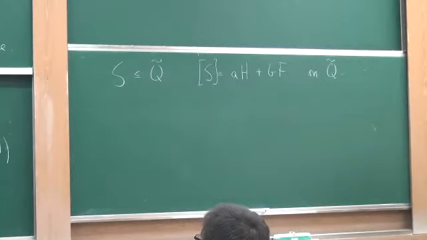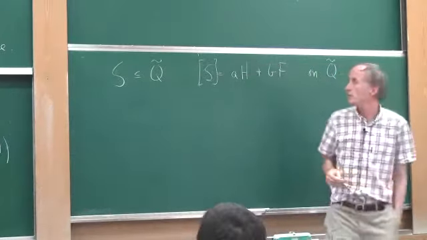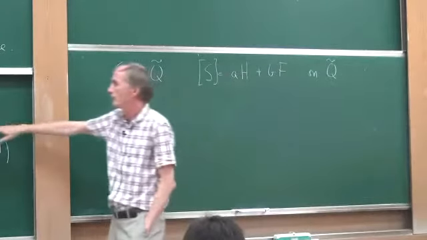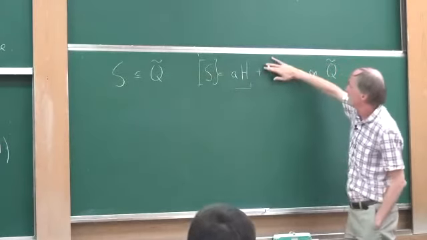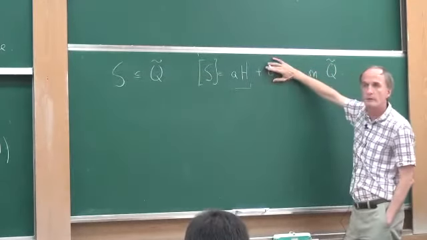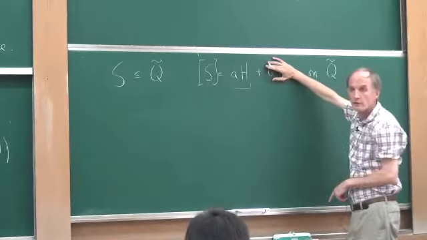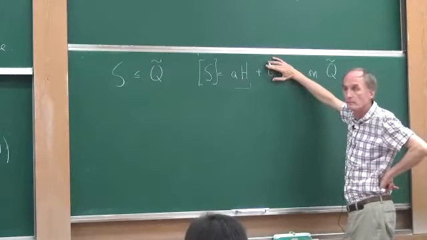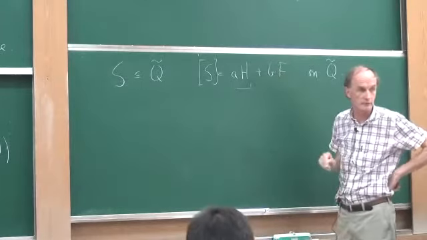Okay, so I want to determine what the possible A and B are here. And if you compare this with this thing here, if B is equal to 0, I get the complete intersection, something which is a multiple of a hyperplane section. So that's a hypersurface section. But now B different from 0 would give you something else.